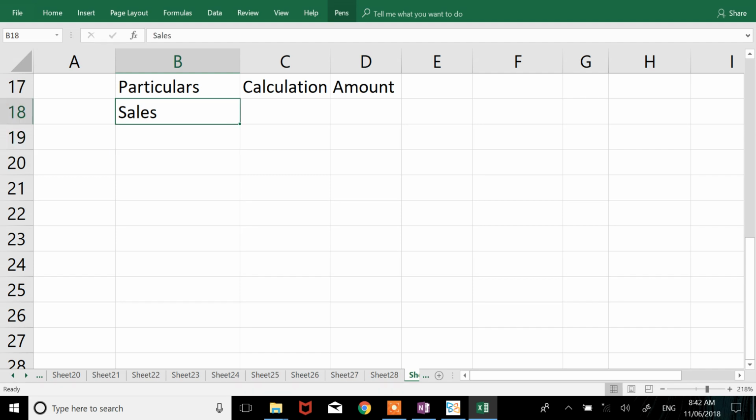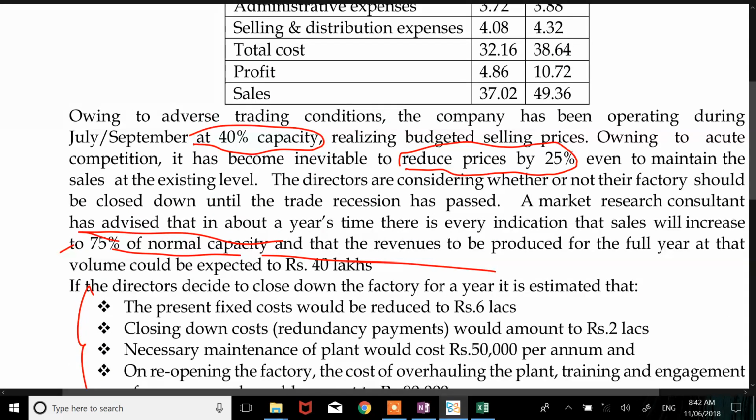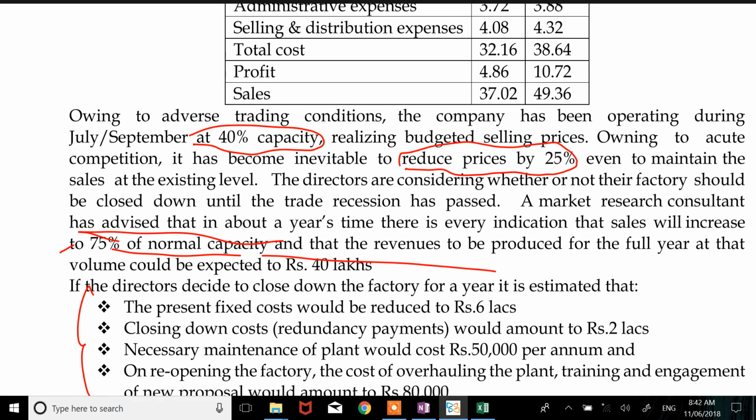Sales 40 into what is the selling price? How much? Okay. What will be the selling price?